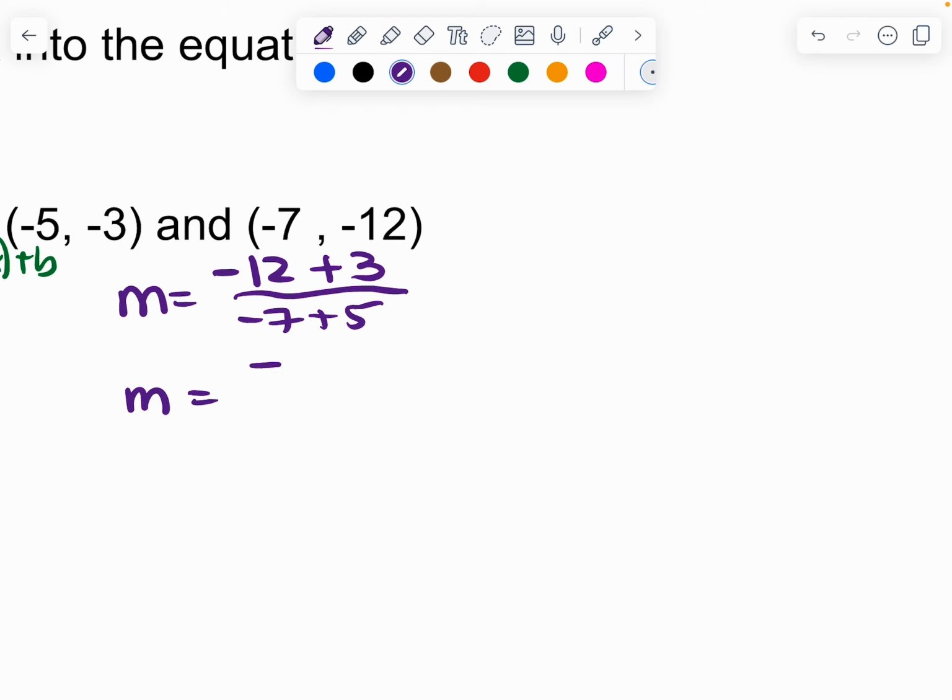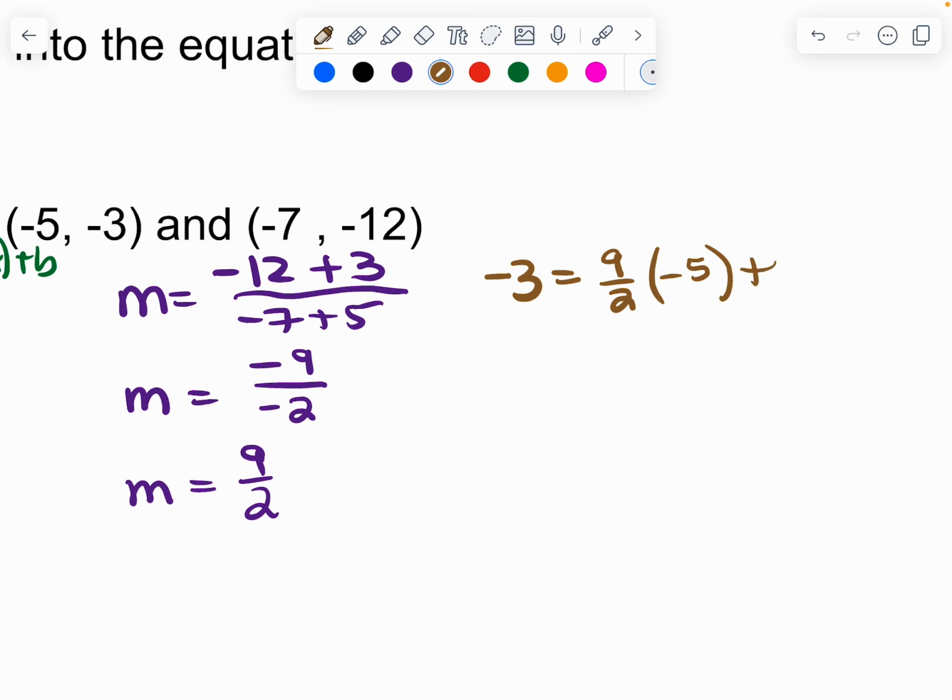So that's negative 9 over negative 2. Then I'm going to pick a point. I'm just going to pick the first one because why not? Negative 5 plus b.